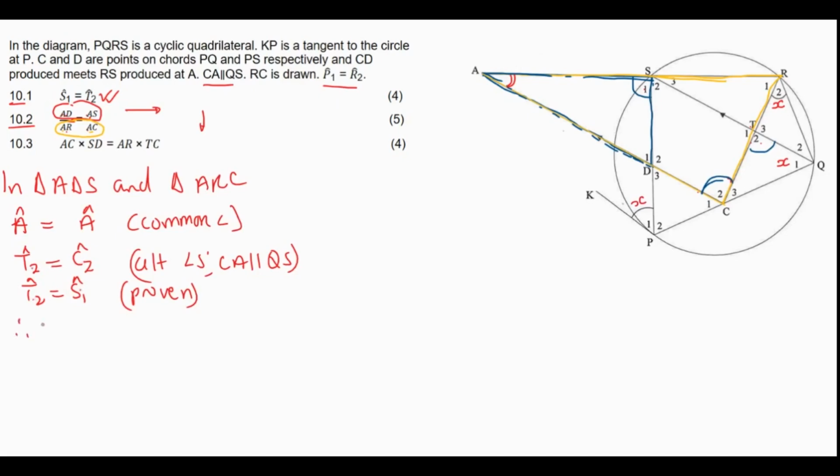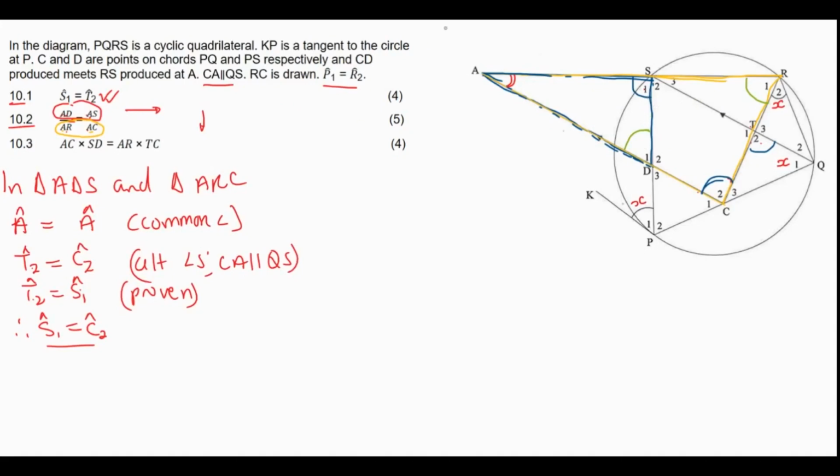Therefore, angle S1 is equal to angle C2. So now we have two pairs of corresponding angles being equal. We're left with the third pair, which is angle D1 and angle R1. Once we prove that the corresponding two pairs are equal, then automatically the third pair becomes also equal.